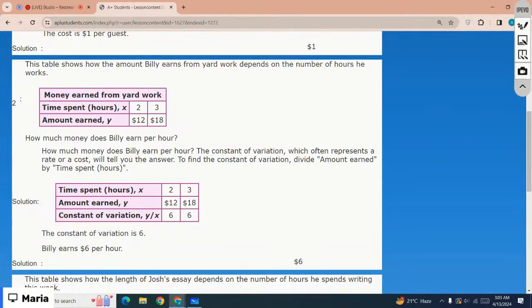That is the constant of variation, which often represents the rate or cost. To find the constant of variation, divide the amount earned by the time spent, y over x. So you have to do 12 over 2 and 18 over 3. That is 6. That means the constant of variation is 6, right?